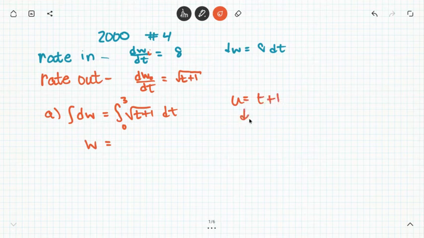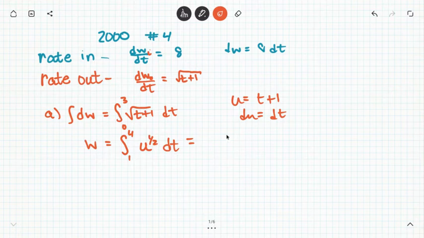They do not expect you to write this out necessarily, so if you know how to do it without writing it out, you can. I'm going to change 0 to 0 plus 1, which is 1, and I'm going to change 3 to 3 plus 1, which is 4, and then t plus 1 is u to the 1/2 dt. Again, if you can skip this step, it's fine. You can just skip it based on how you know to do it.